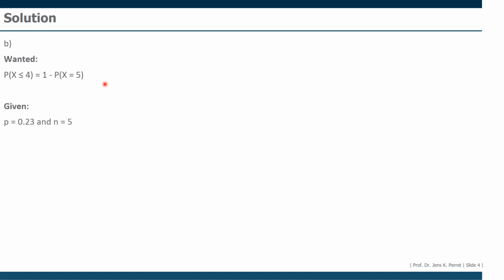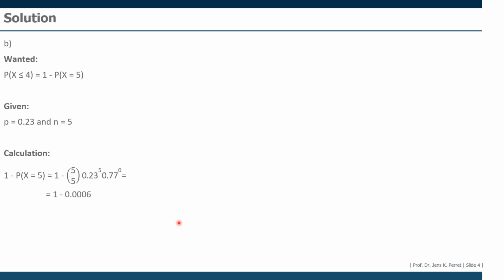We have the same probability as before. We have here a sample size of 5. So we're going to just insert these 3 values into the probability function of the binomial distribution, which looks like this. Again, this one and that one being 1.